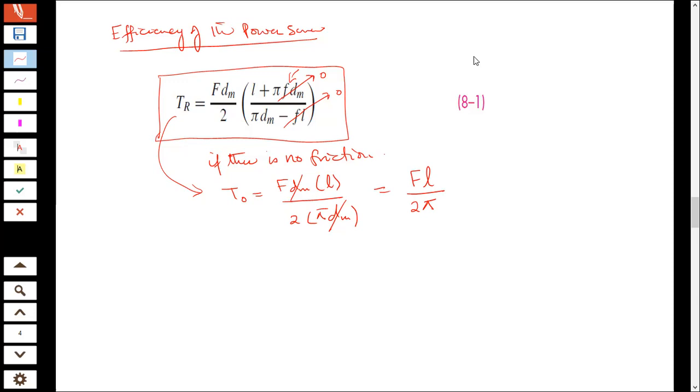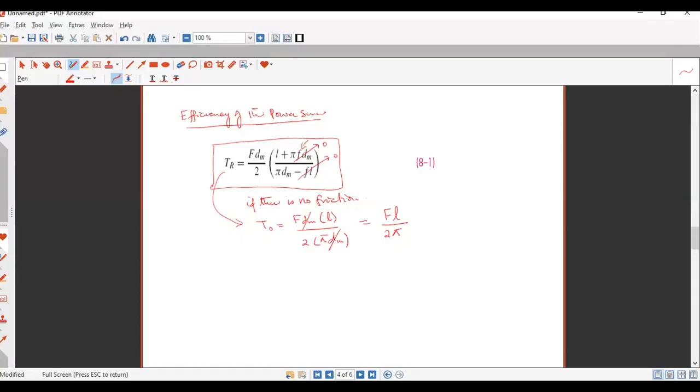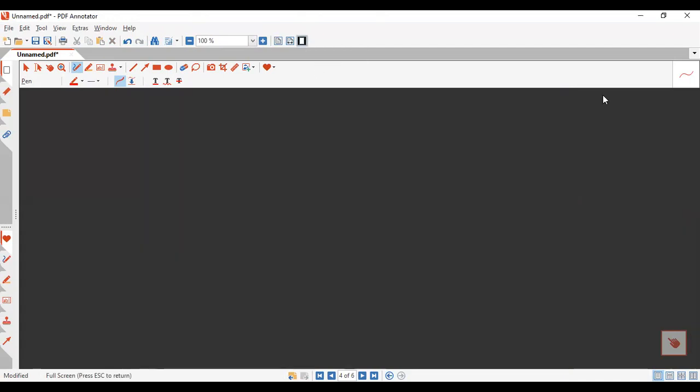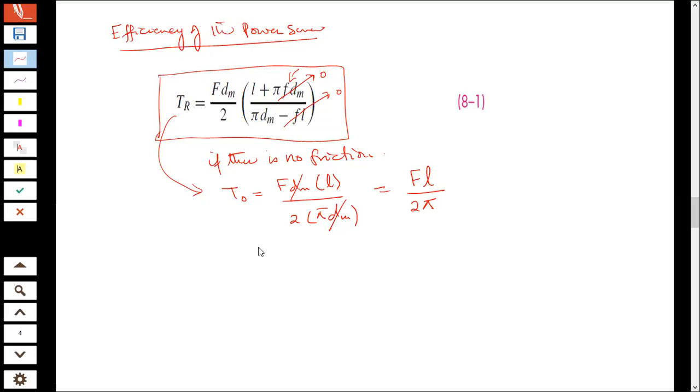And if this is the maximum, then now I can define my efficiency of the screw. The efficiency will be T naught divided by the actual torque TR that I am going to need.